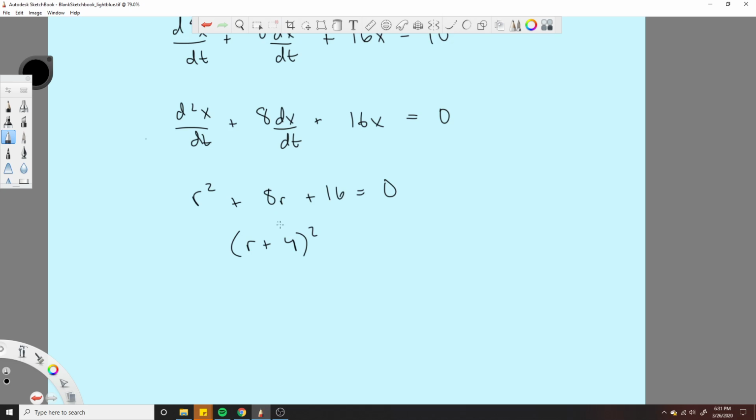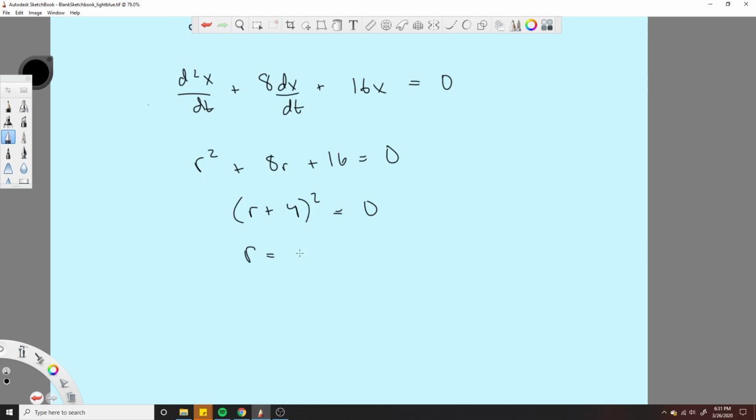These two 4's will add to make that r there. They will multiply to make this 16. So we will get r is equal to 4 twice, meaning both of your roots of r are going to be equal to 4.